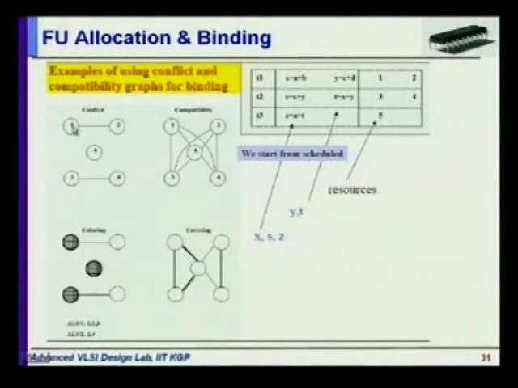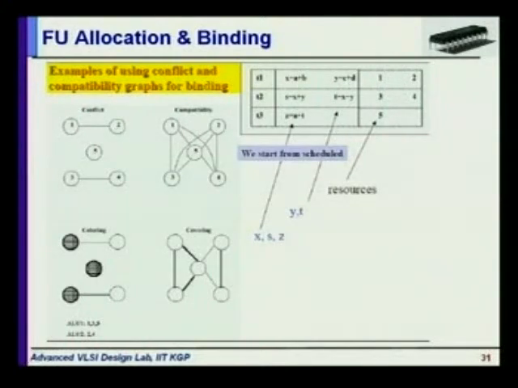In the conflict graph, if they have edges, it means they have a conflict, so you will use different colors here. In a graph coloring problem, you will use different colors for this node and this node. And in your function unit allocation problem it is also the same: you will execute this operation and this operation in different function units.